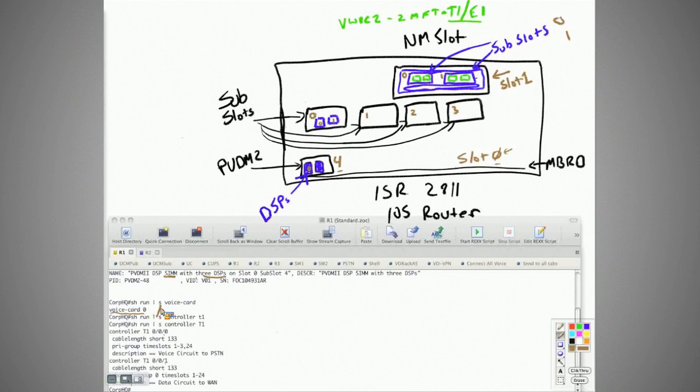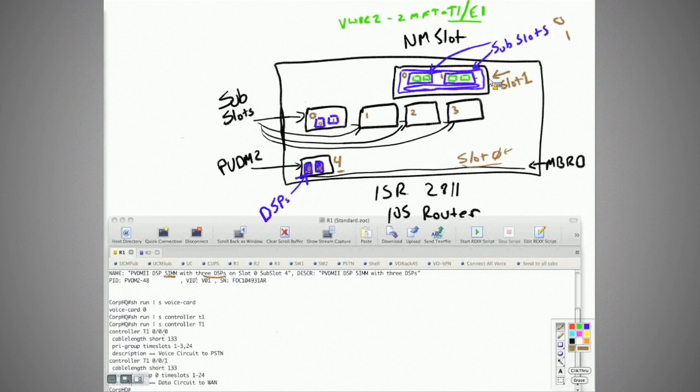voice card. Okay, so not only does it not let us define separate attributes for the individual DSPs, but it doesn't even let us define individual attributes for the different SIM cards on a given slot, like a motherboard or a network module.